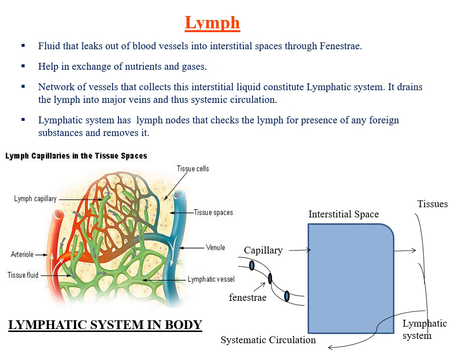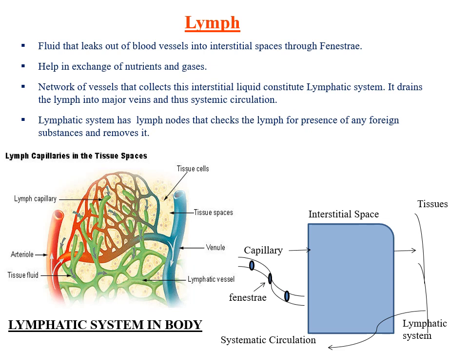This plasma fluid leaves the capillaries into a space between capillaries and tissues. This space is called the interstitial space, and the plasma fluid in this space is called lymph. Thus, lymph is called interstitial fluid or tissue fluid.